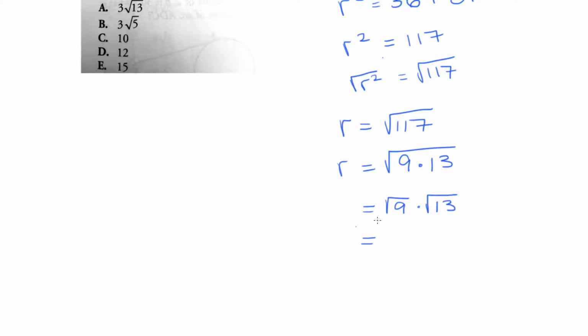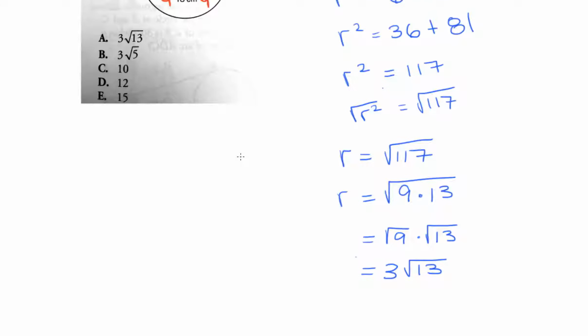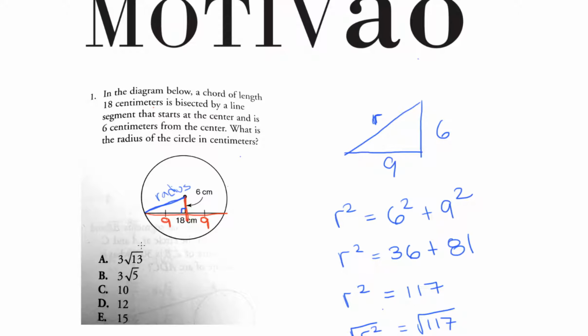Now, what is the square root of 9? The square root of 9 is 3. Okay? And then you're left with 3 square root of 13, which, if you go back to the options, is the letter A. Okay? And that will be my answer.